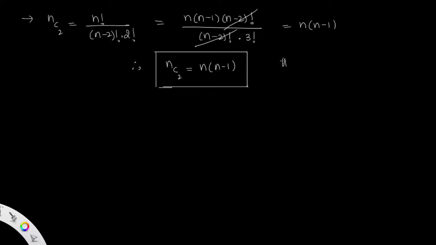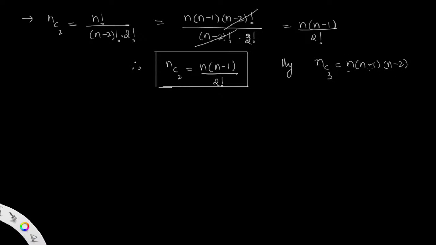Similarly, NC3 is n into n minus 1 into n minus 2, writing up to 3 terms.